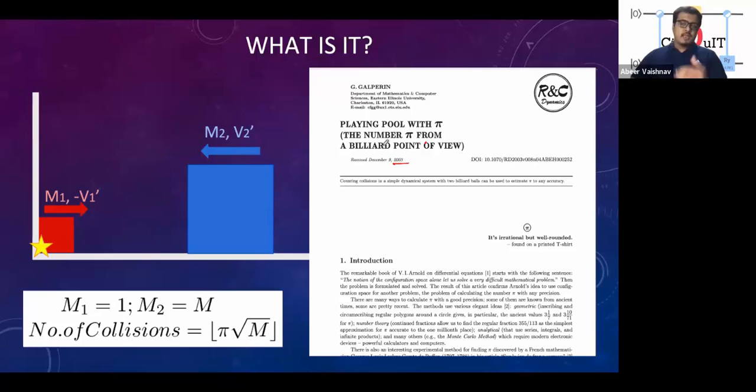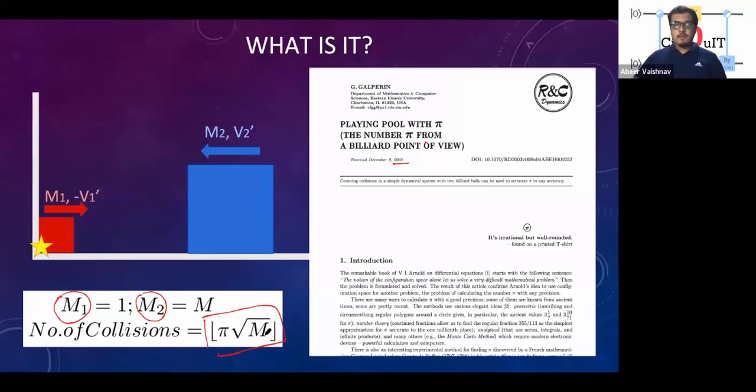Going through this paper, you get to the result that if we keep the mass of the first block m1 as 1 and the mass of the second block as m, the number of collisions, counting both the collisions of the two blocks as well as the collisions with the wall, will be the floor function of pi times the square root of the mass of the second block.